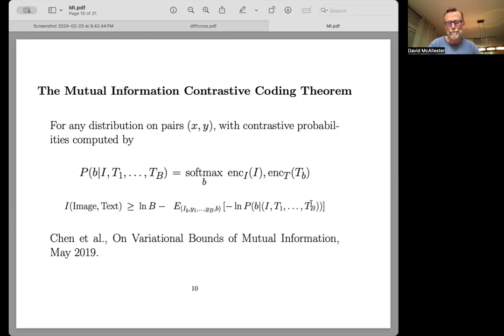This is the negative log probability of making a correct discrimination, of predicting the text from the image. Now, this is the cross-entropy loss we're going to train with.